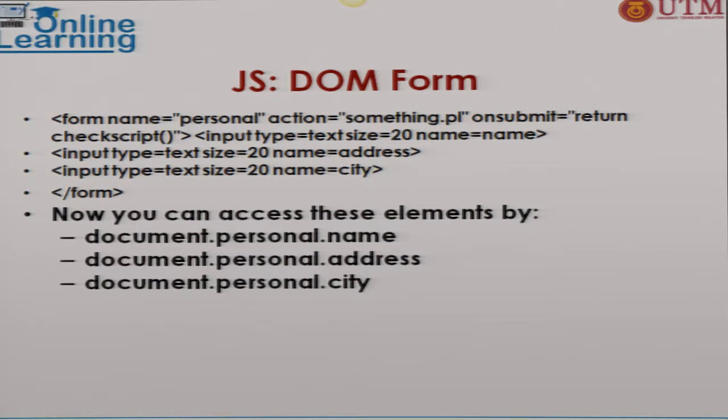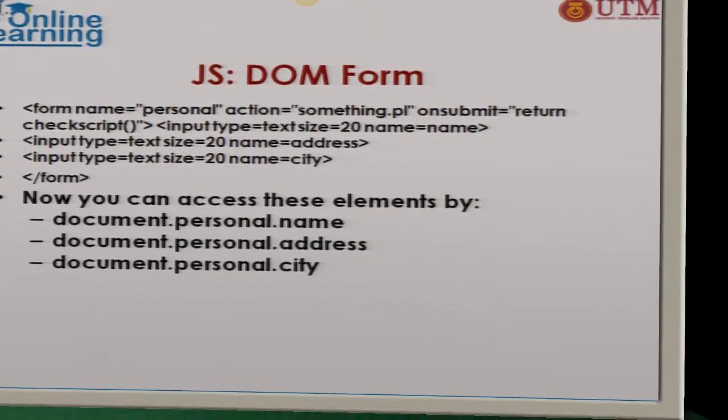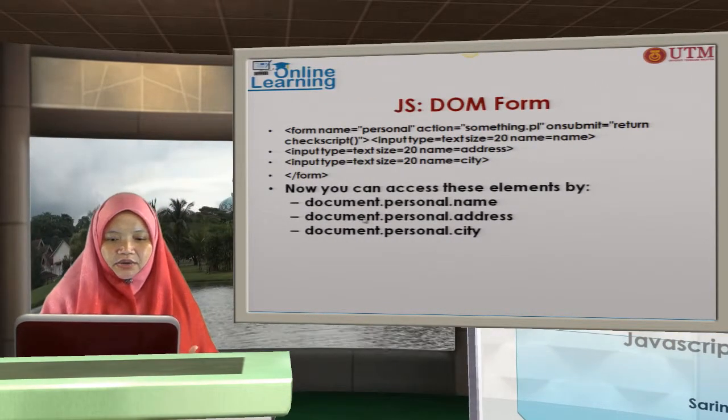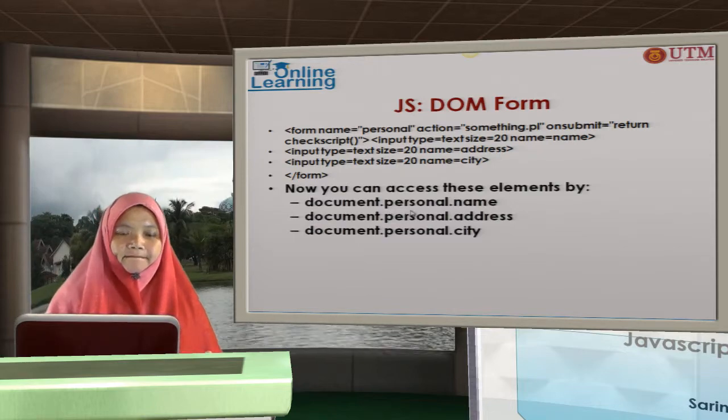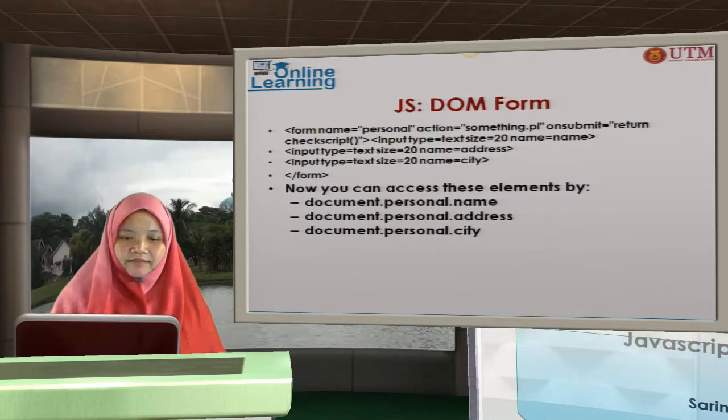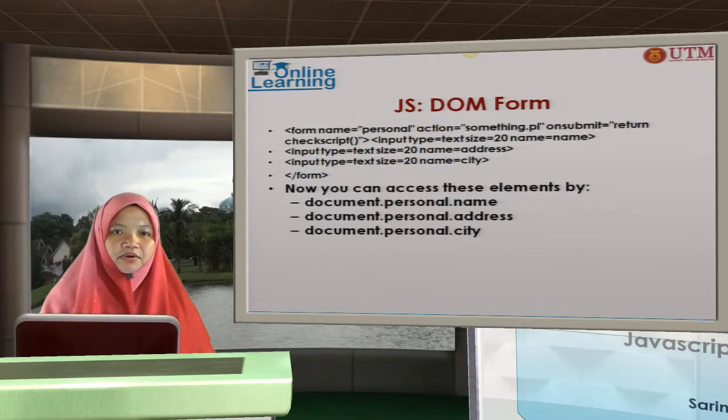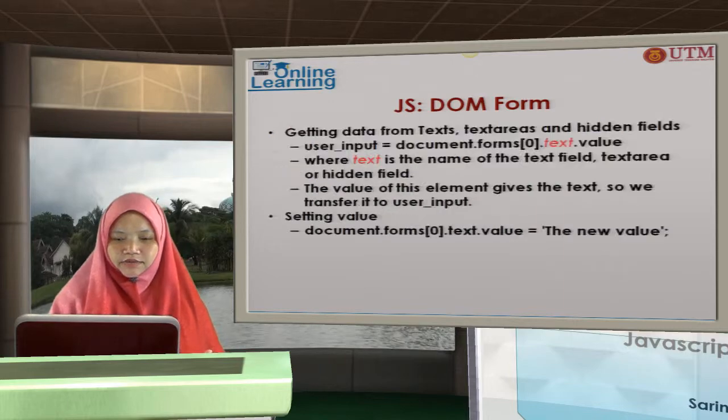Now you can access all these elements by using document.personal.name, and then if you want to call the address, document.personal.address, and if you want to call the city name, you just call document.personal.city.